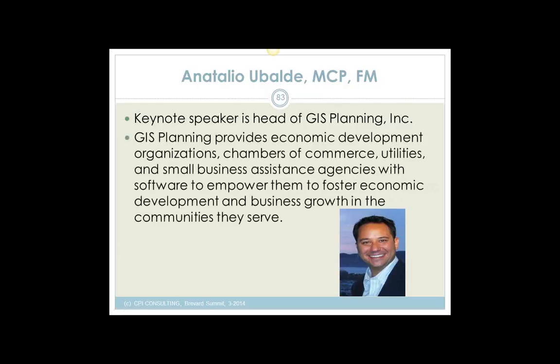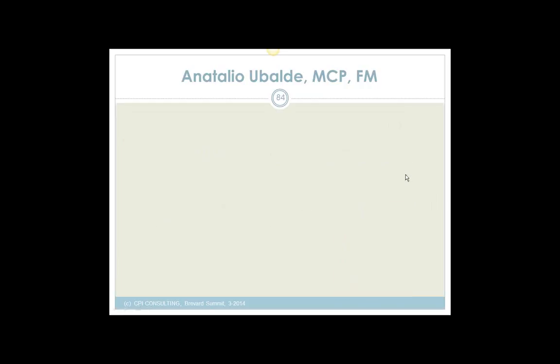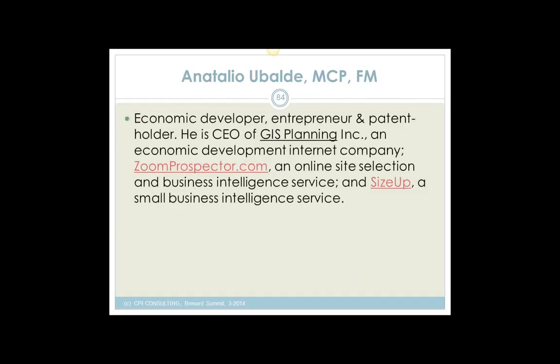GIS Planning provides economic development organizations and chambers of commerce and small utilities and small business assistance agencies and others with software to empower them to foster economic development and business growth in the communities that they serve. And Anatolio is an economic developer, entrepreneur, and patent holder, and CEO of GIS Planning, which is an economic development internet company. And he also heads up the efforts of two of their products.